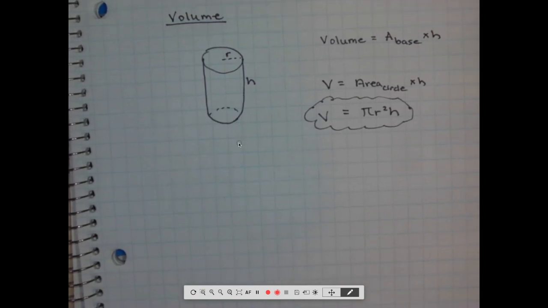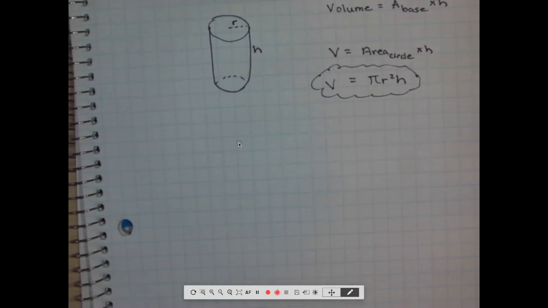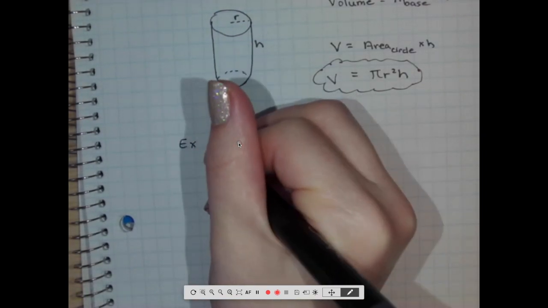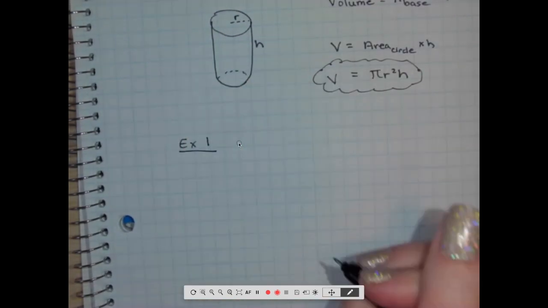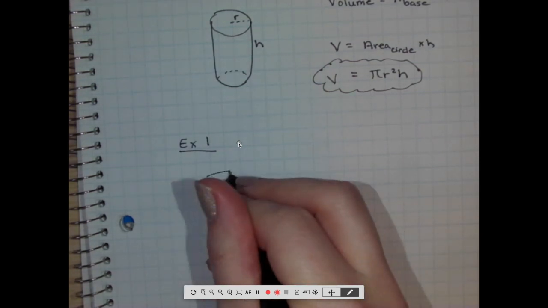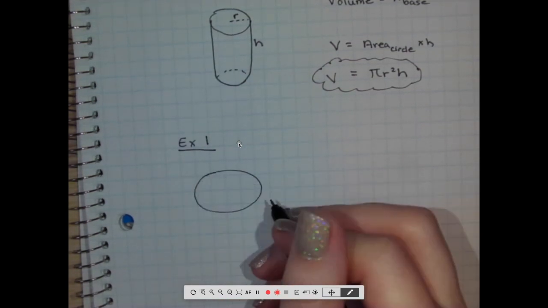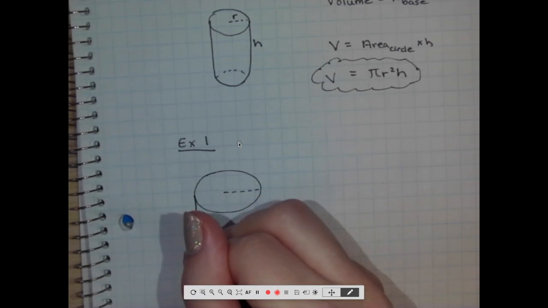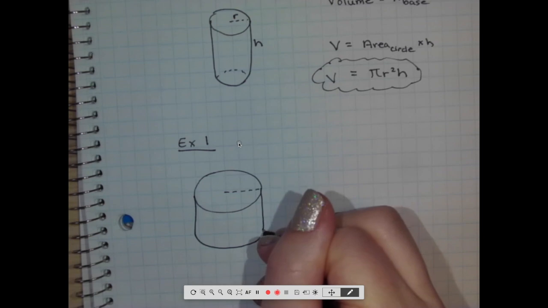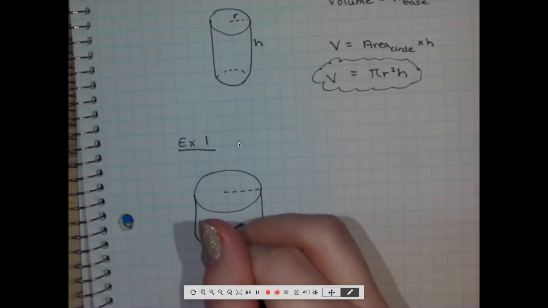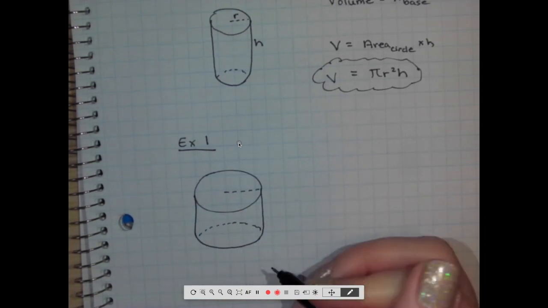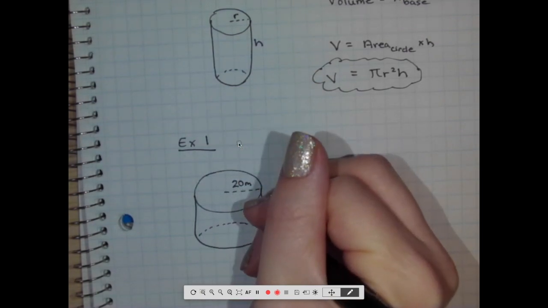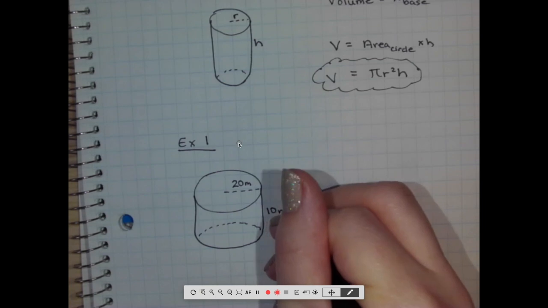All right, let's do one example, and then you're free. Well, at least for math for today. So let's say this radius here is 20 meters, and let's make this height here 10 meters.